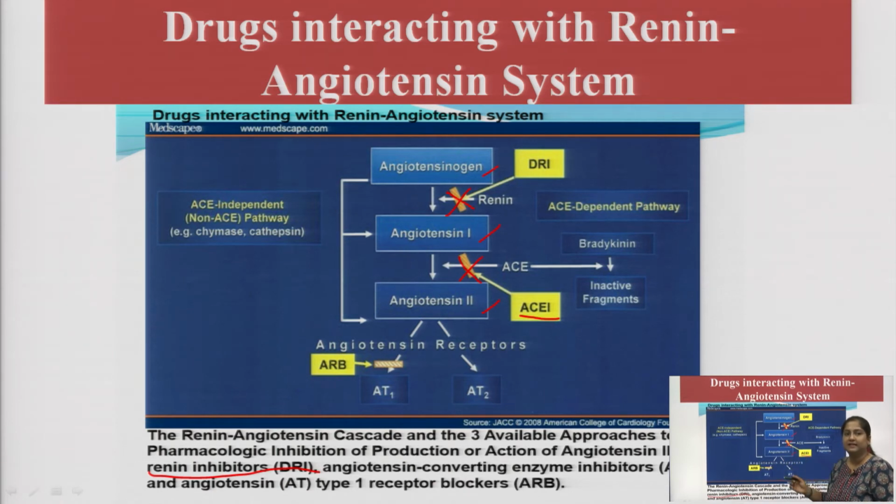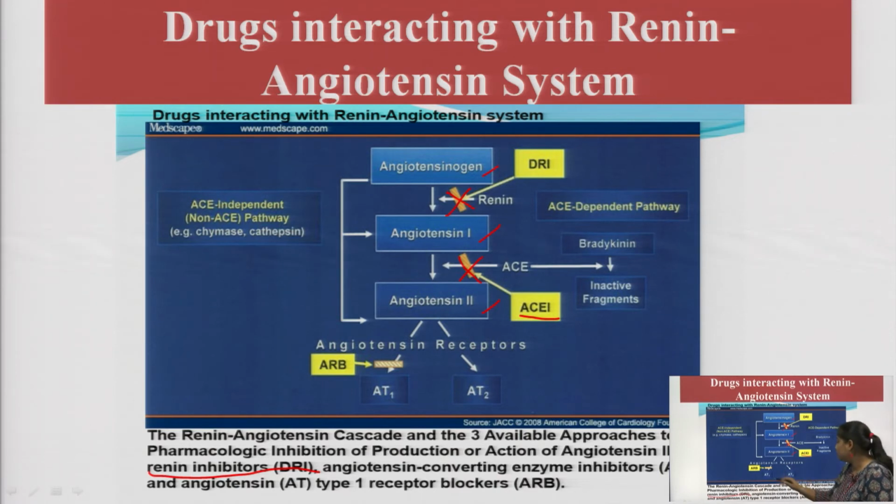So, ultimately the increased blood pressure will slowly diminish. Then, where we can also use our antihypertensive agents is in the third phase, that is the binding of angiotensin 2 to the receptors, angiotensin 1 and angiotensin 2 receptors.